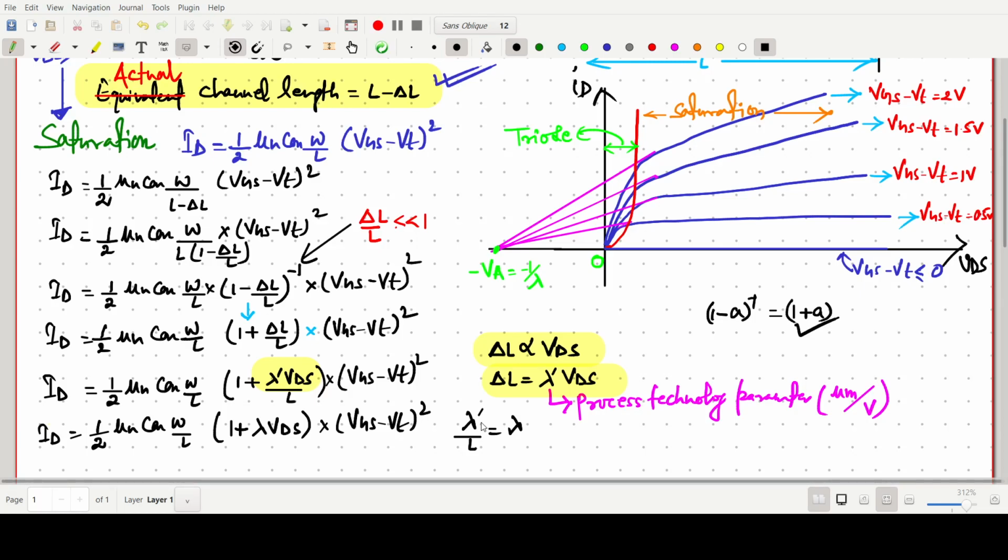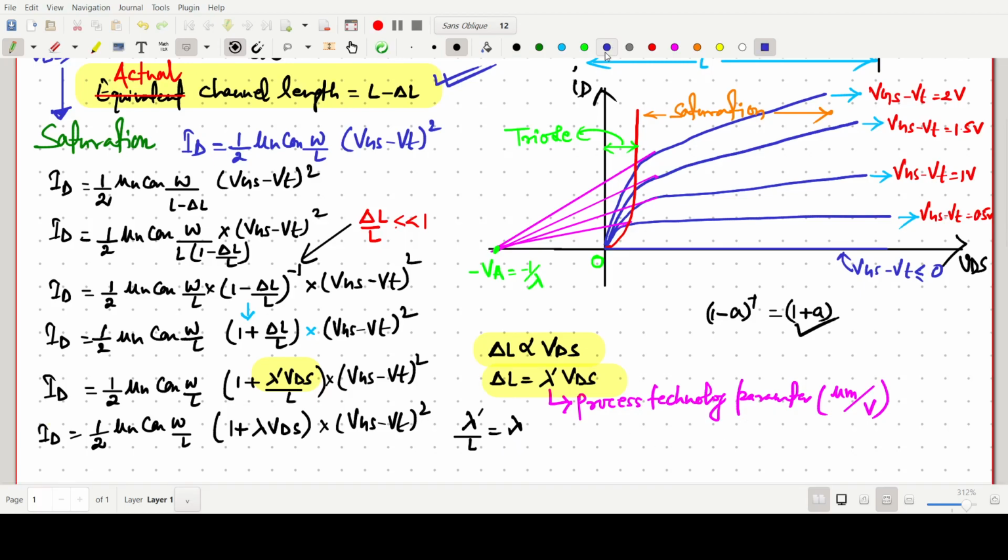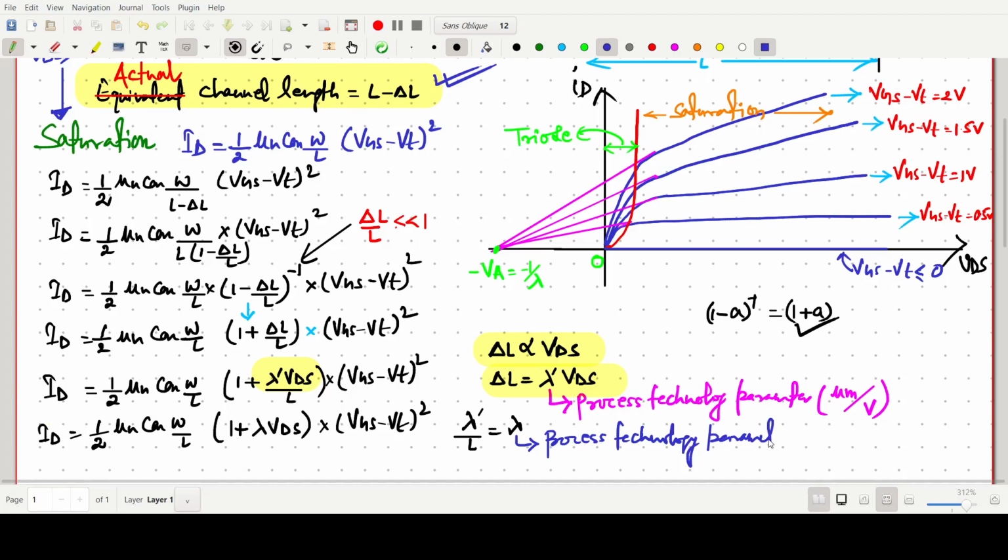This one is also a process technology parameter, with unit. So lambda dash is micrometer per volt, and L is also in micrometer, so micrometer cancels, so it should be simply volt inverse. So I am just writing lambda dash by L as a lambda.